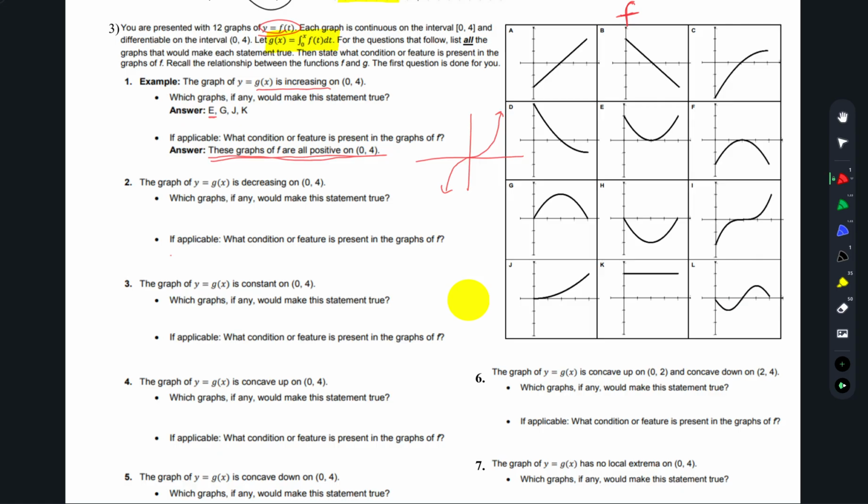There's just one time that it's a 0, but it's still technically increasing the whole time. So E, G is all positive. J is all positive. K is all positive. Okay, so all of these would be increasing if that was a graph of G.